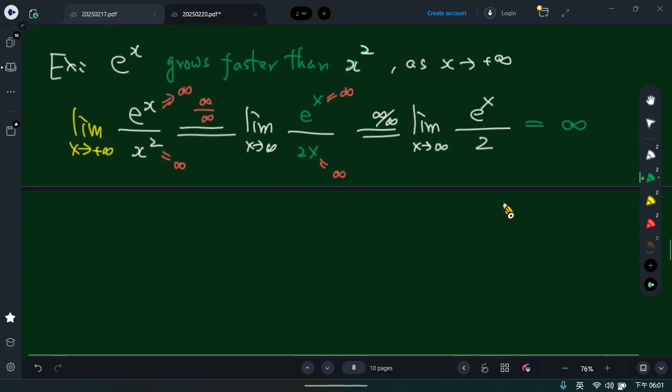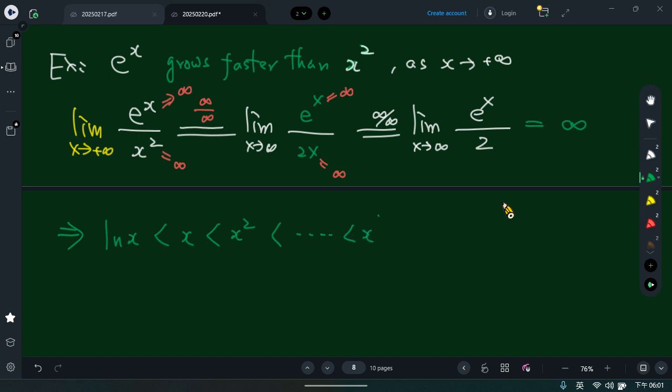You can try to calculate that ln x is slower than x, then x is slower than x squared, and so on up to x to the n, all slower than e to the power x. You can simply pick any two of them and get the limit value as x goes to infinity.